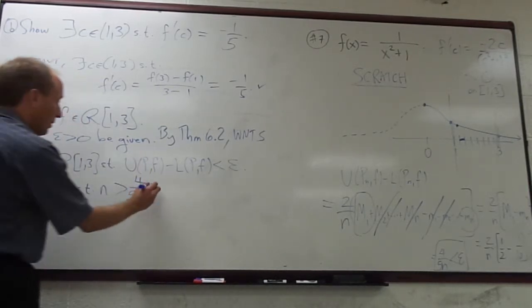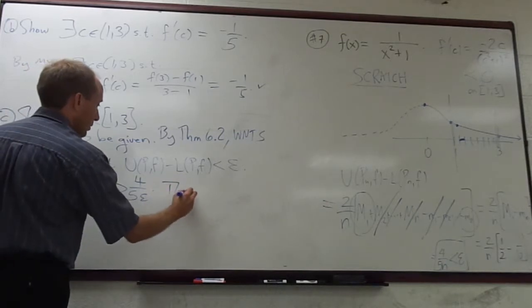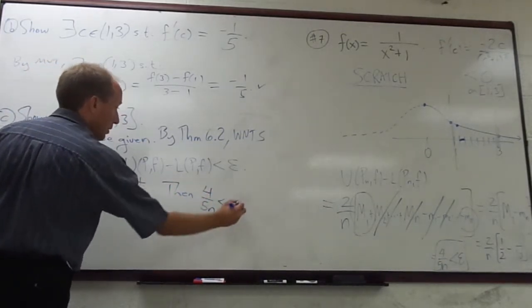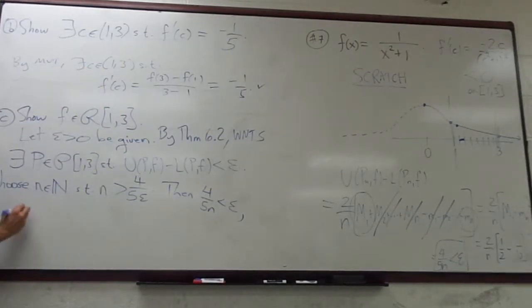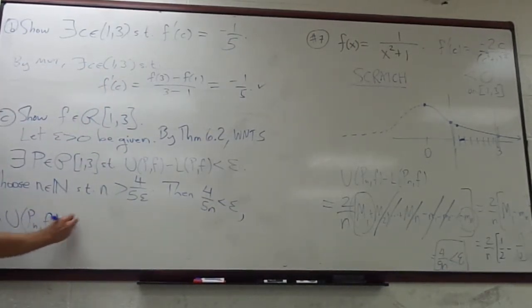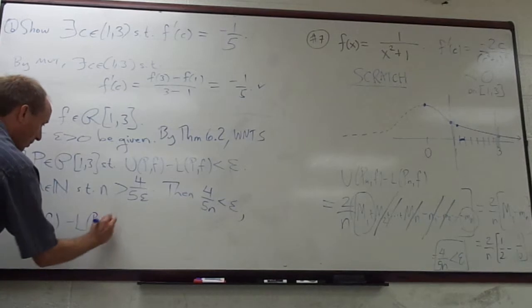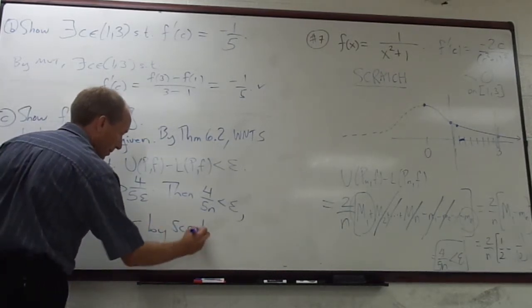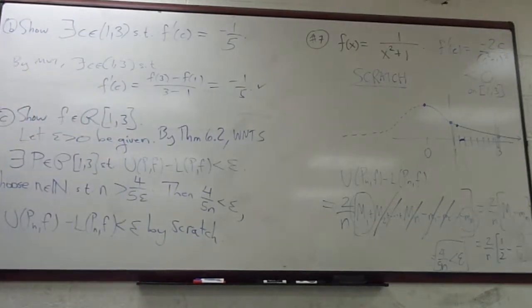And so then 4 over 5n is less than epsilon. So, UPn of f minus LPn of f is less than epsilon by the scratch work. Okay? And so then we're done by theorem 6.2.